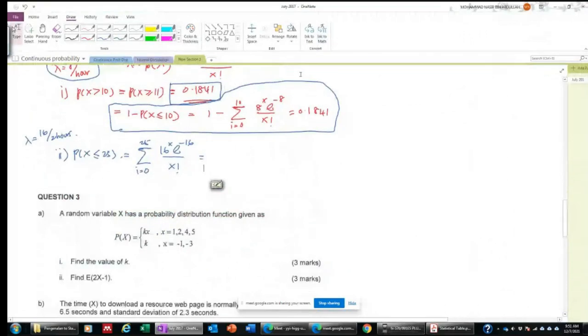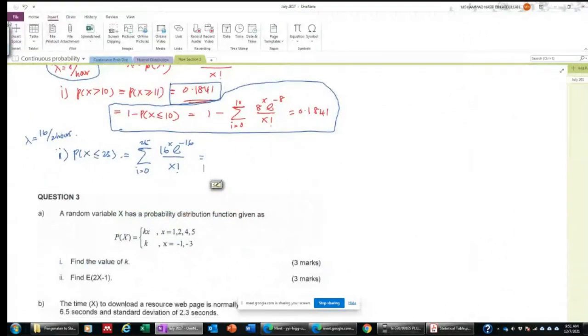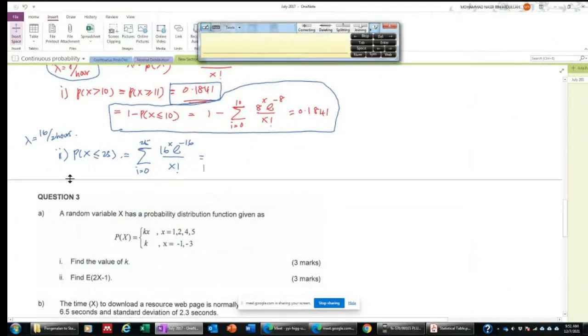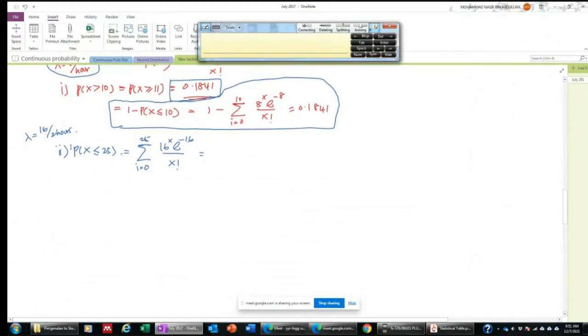So if we compare, let's say you enter something in the calculator and press something wrong, recheck. How do we know it's wrong? We look in the statistic table. So this is also equal to the probability of X more than or equal to 26, 1 minus, right? The same thing.